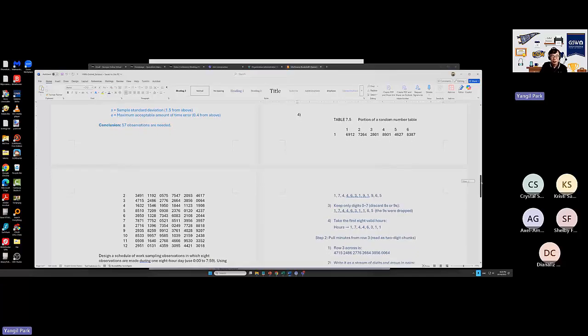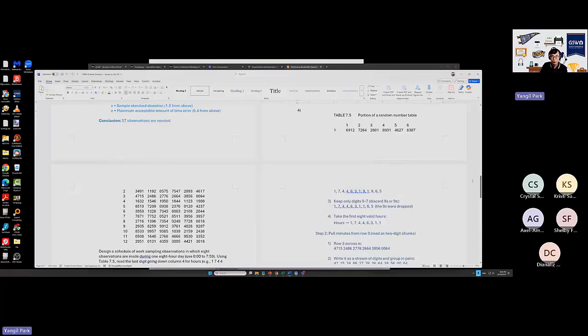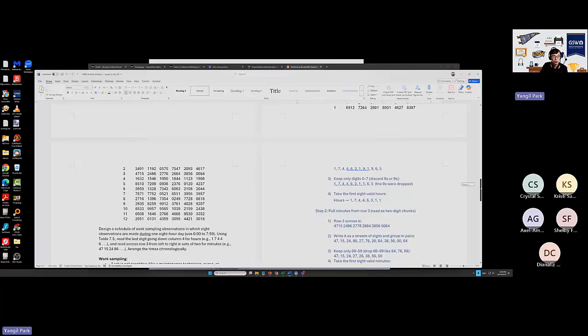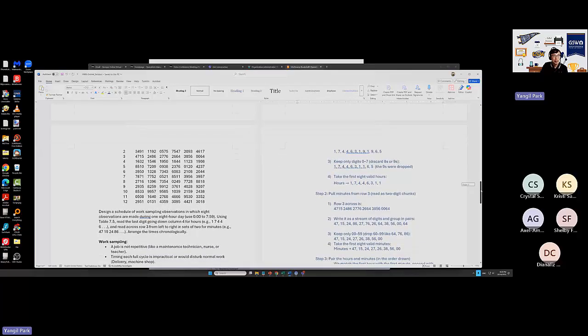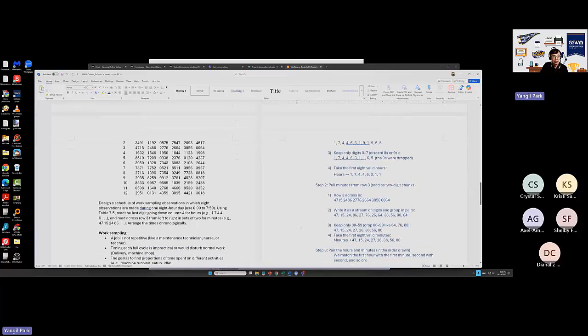So the direction is you're going to use this table to generate random numbers to make hour and time.